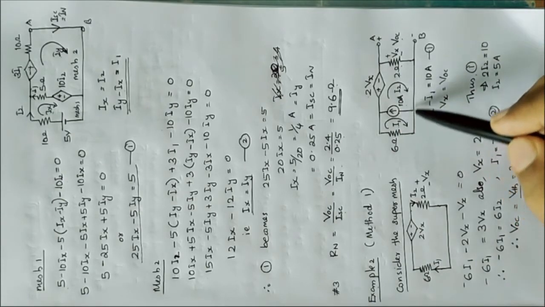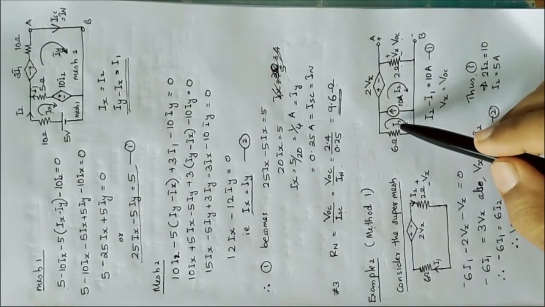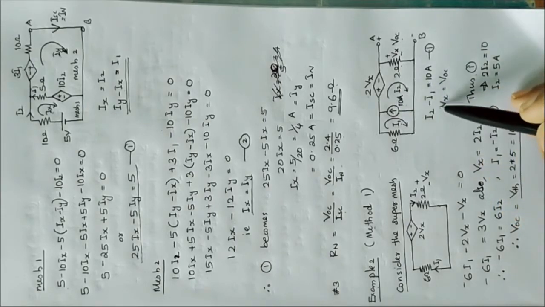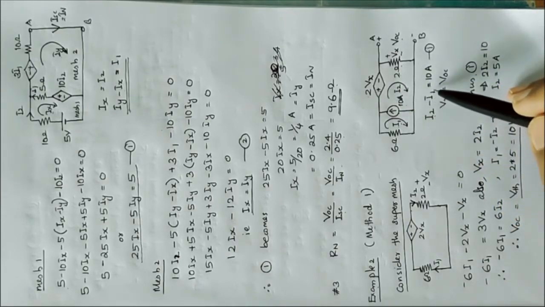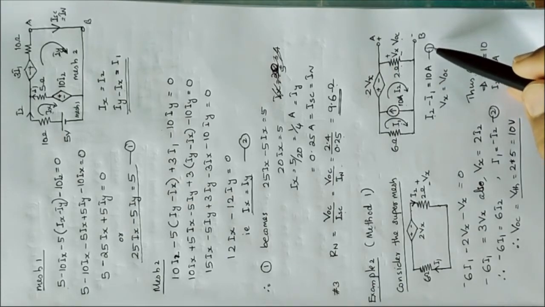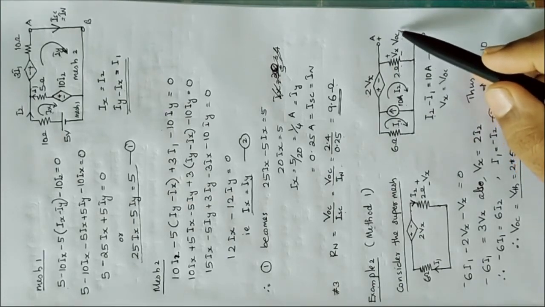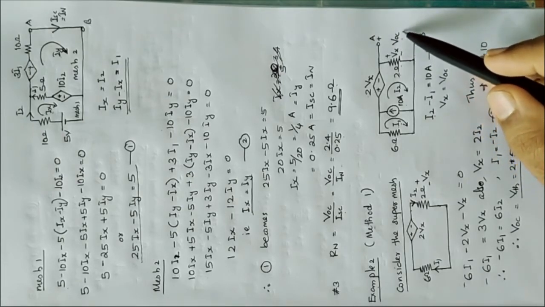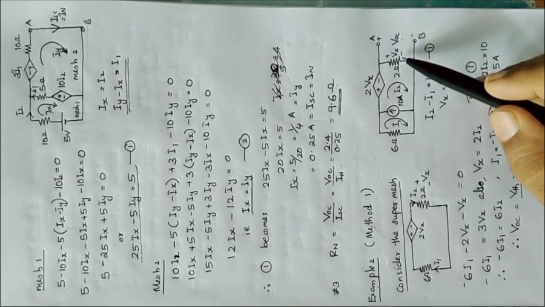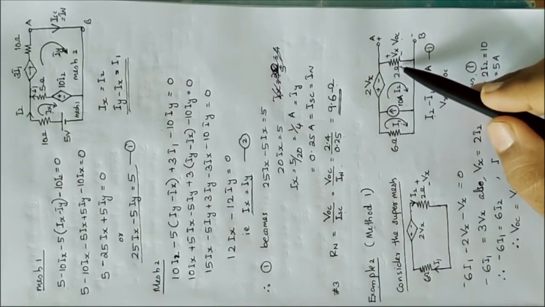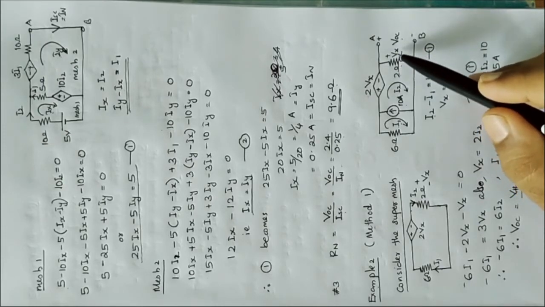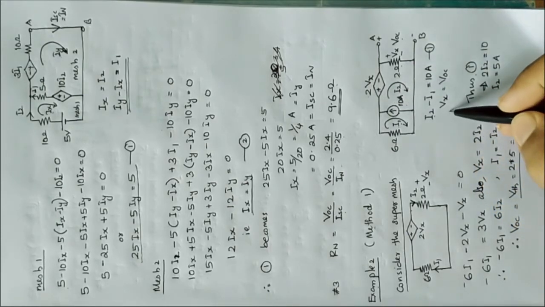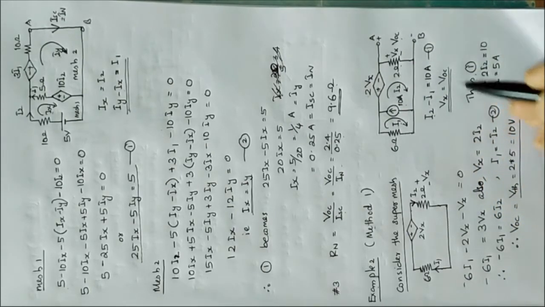So we can write 10 ampere as I2 minus I1, that is, I2 minus I1 gives 10 ampere, and whatever the voltage across A and B, that is VOC, is exactly equal to Vx, the voltage drop across the 2 ohm resistor that determines the value of this voltage source. So these two things are important here.